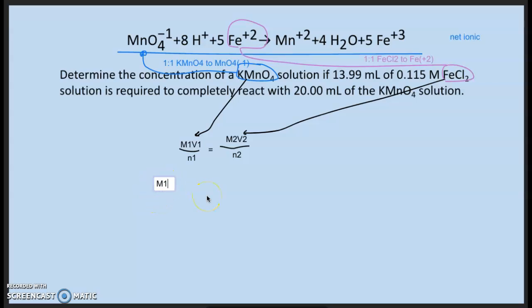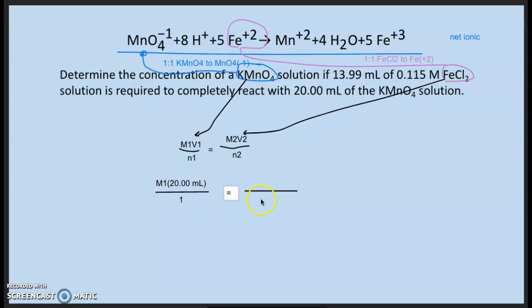So I don't know what M1 is, but I know that I had 20.00 milliliters of that solution, divided by its stoichiometric coefficient, which was 1.